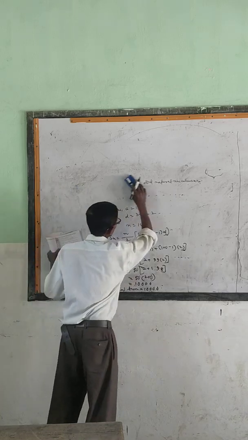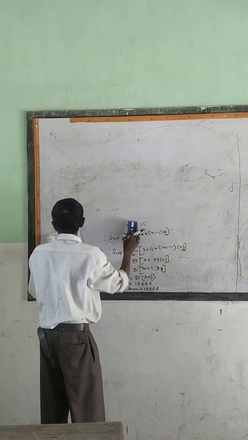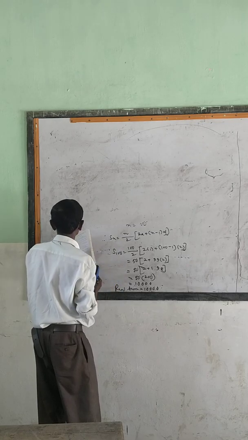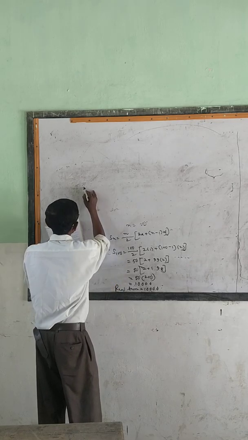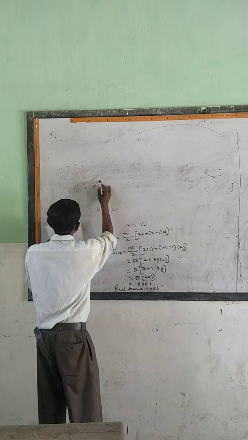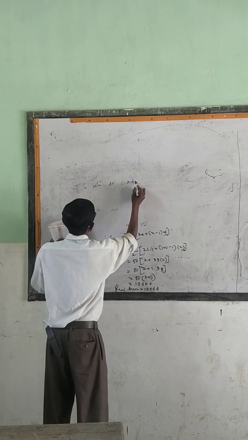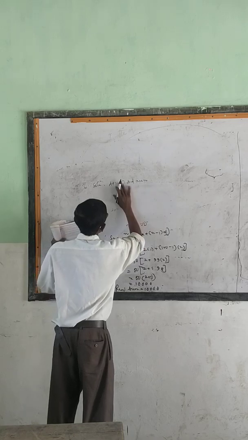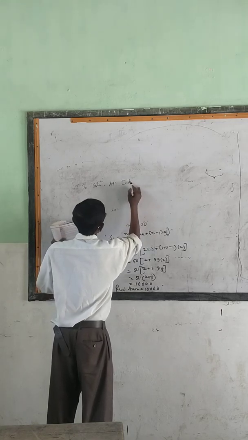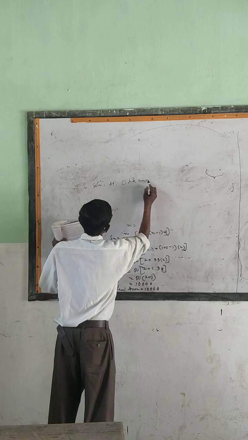Question number 6, what the question said, sum of the odd numbers between 100 and 200. Question number 6, AP means odd numbers.